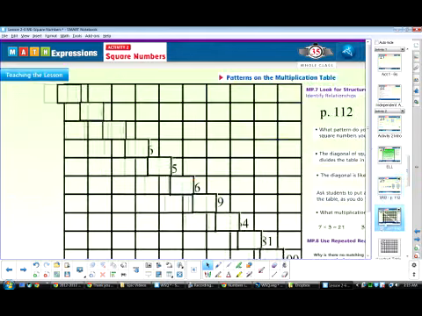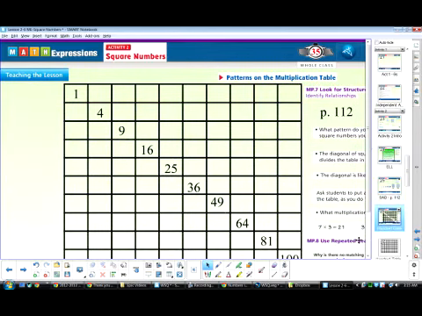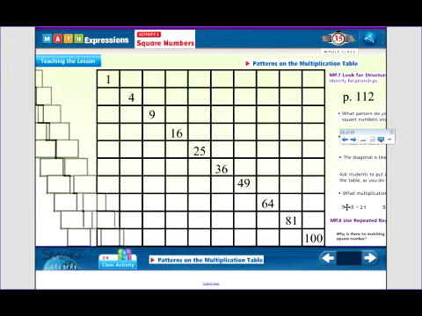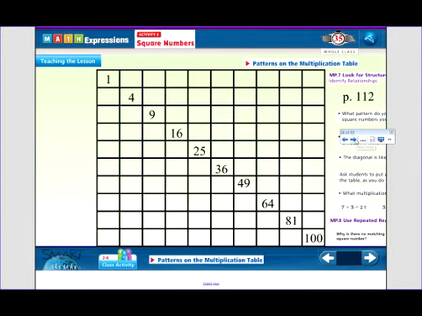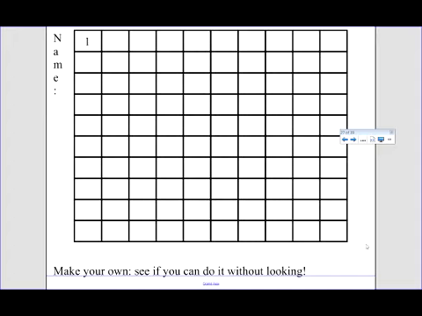Well, this hundreds table, if you notice, I've got them so I'm trying to hide those square numbers so you can't see them, right? Well, I do want you to see them because part of your assignment, the big assignment, is to make your own. So I'm going to have this on your sheet, and it's going to be on the website so you can print it off.